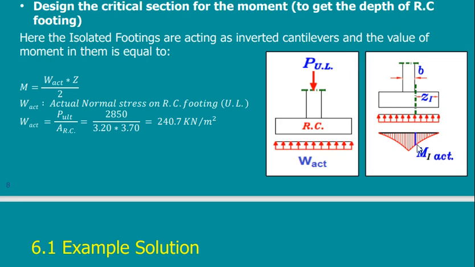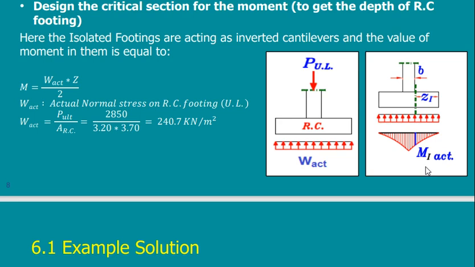I have to calculate here something called M1 actual. Why do I call it M1? Because in some cases I may have M2. When do I have M2, do you think? This is one case if the column is shifted, but the other case we said that it is better to have both cantilevers in the two directions equal.